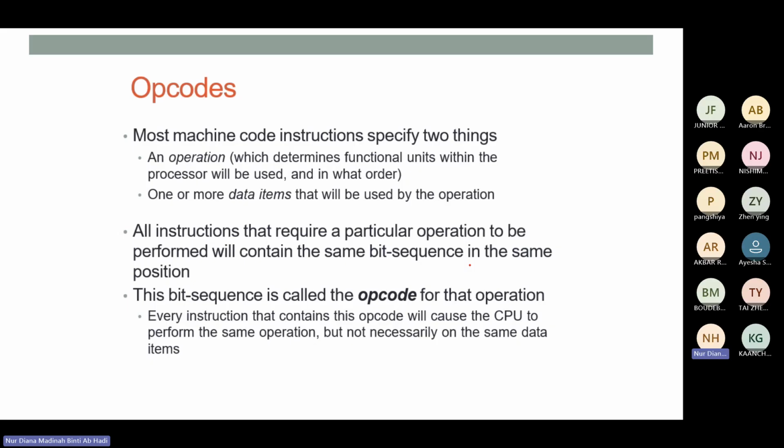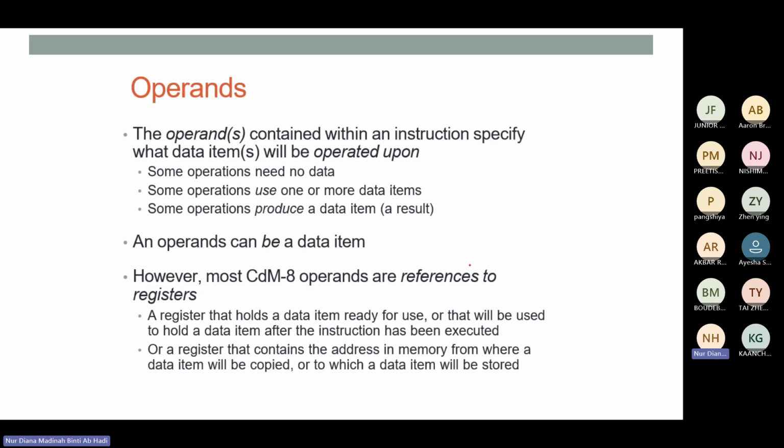This bit string is known as your opcode for the operation. Each instruction containing this opcode will cause the CPU to perform the same operation but not on the same data item. Operands contained within an instruction specify what data item will be operated upon.